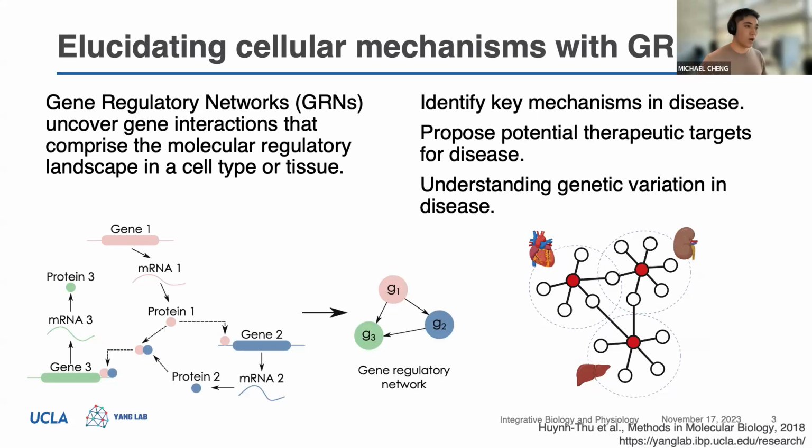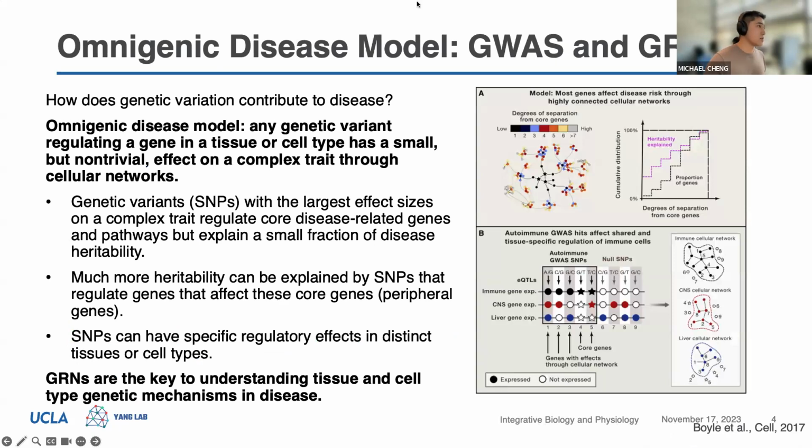Now, I want to connect how we can understand genetic variation from this transcriptomic data. And it really follows this model, known as the omnigenic disease model of genetic variation in disease. The question that is longstanding in the bioinformatics research community is, how does genetic variation contribute to disease?